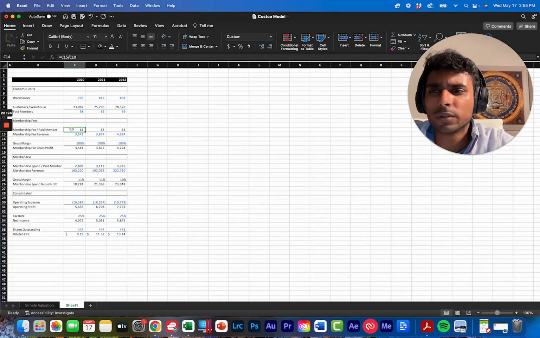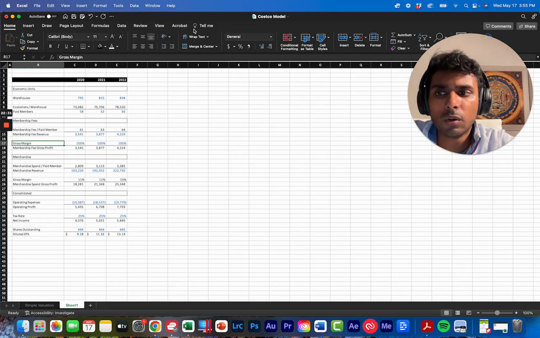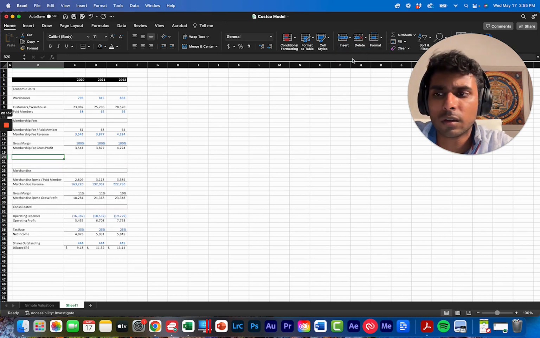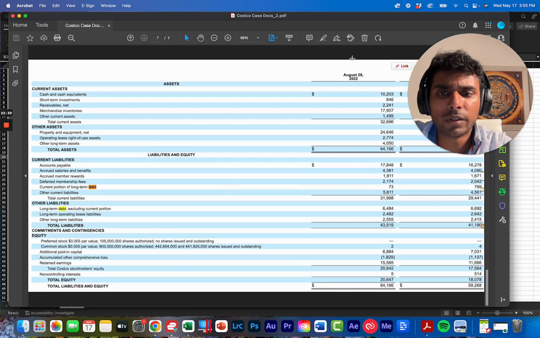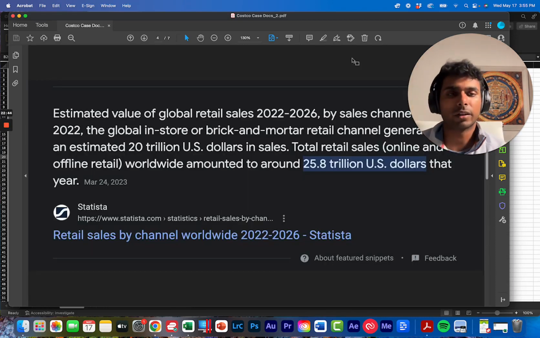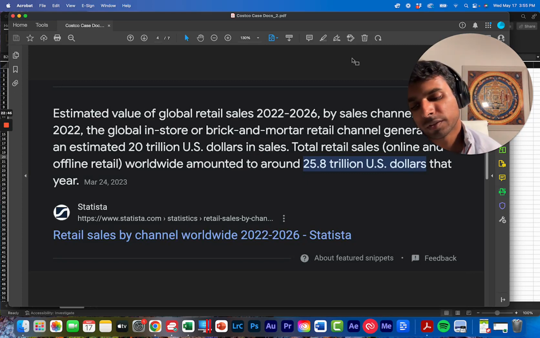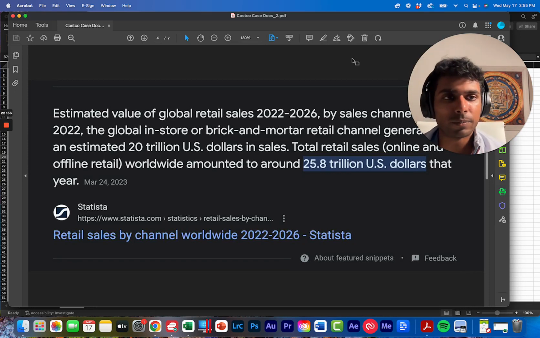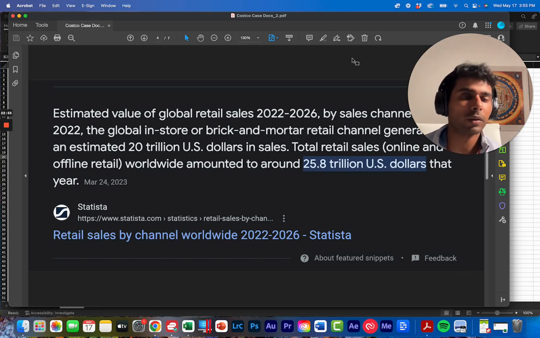Okay, so now there's a question of the addressable market. What I'll do for that is add a couple rows in here. The reason I've included the global retail spend is, obviously Costco isn't in every country, so you can be more detailed about this and say they're only in these countries, and add up the retail spend for those countries separately.